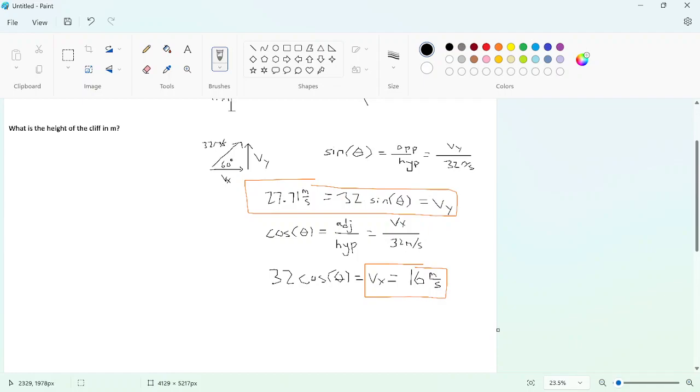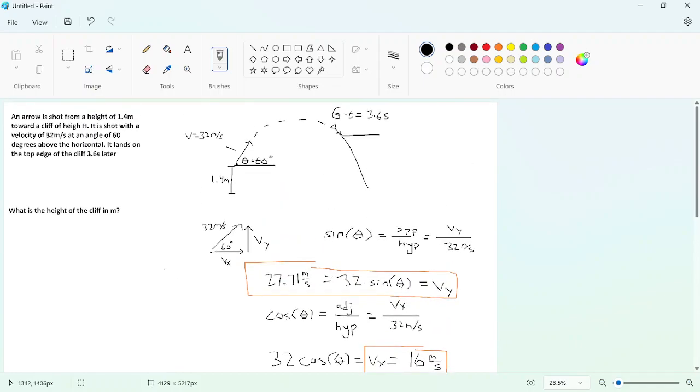All right, so now we have that information. What other information do we have? We have that t is equal to 3.6 seconds. That's the time in which it strikes a cliff. And we also have the starting position, the initial y position of the arrow, which is going to be 1.4 meters.